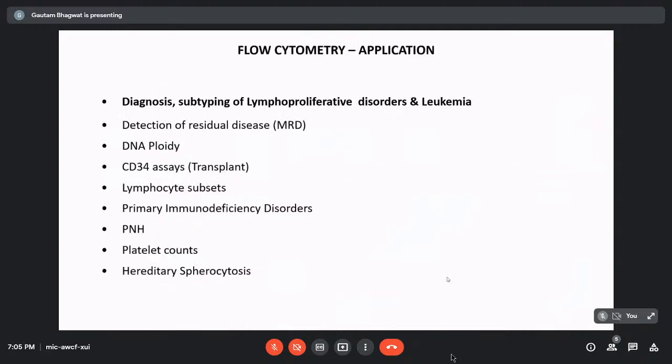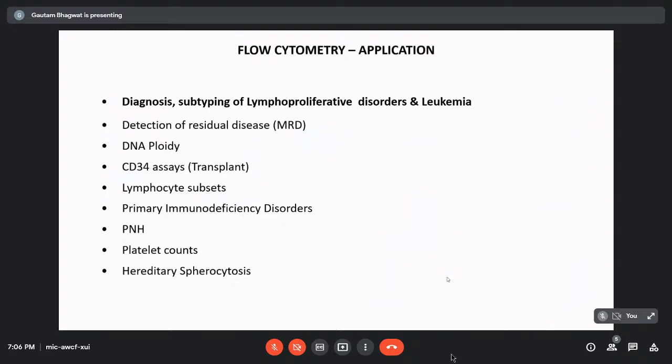So where do we use flow cytometry in hematology? The most important is the diagnosis and subtyping of the lymphoproliferative disorders and leukemia. Then would be detection of residual disease, that is the measurable residual disease. We can do DNA ploidy analysis. CD34 assays are important in patients who are going to receive bone marrow transplants.